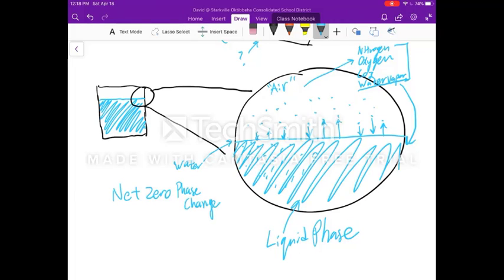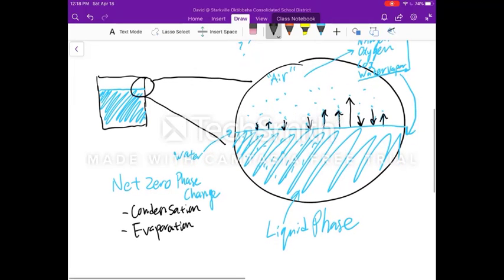Some of these water molecules are going to be condensing. So let's say these 5 water molecules are condensing at the same time that 5 water molecules are evaporating. So you have condensation and evaporation happening at the exact same time.